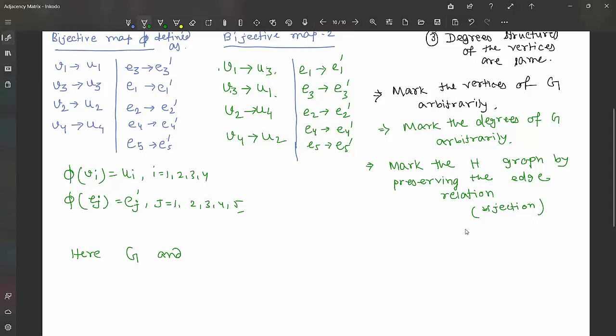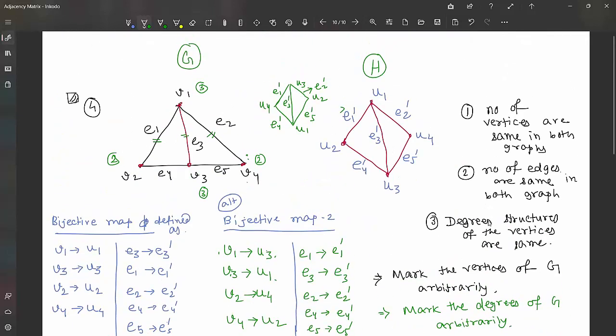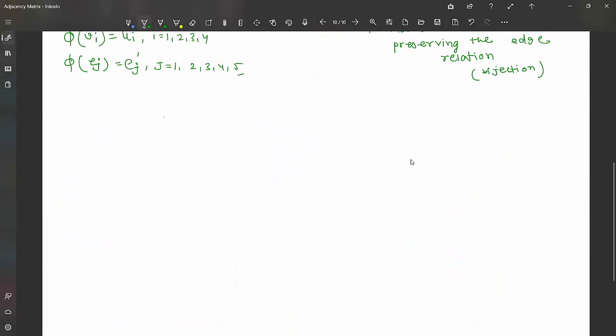But before writing that G and H are isomorphic, to verify that our bijective mapping is correct, we have to check the incidence matrix for both of these graphs. So just check the incidence matrix. After that we can say that these two graphs are isomorphic. So check the incidence matrix after assigning all these vertices and the edges.